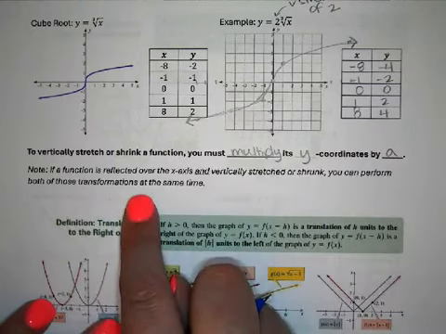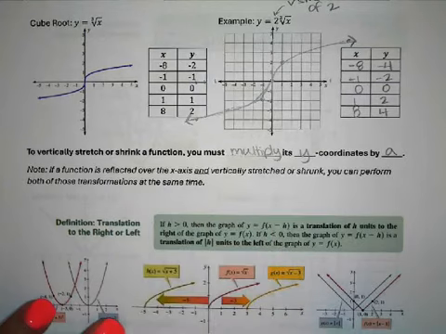So if you happened to have a -1/3 in front of the function, then that function would be reflected over the x-axis and compressed to be 1/3 of its height. It would have both of those. And to do that, you could just take the Y coordinates and multiply by -1/3. You could do both at the same time.